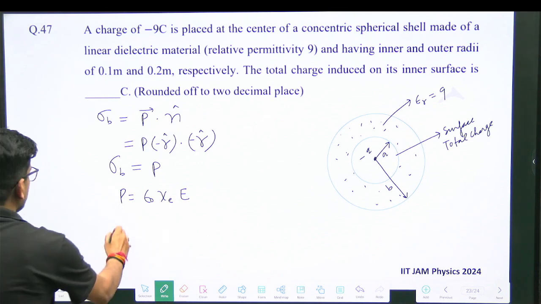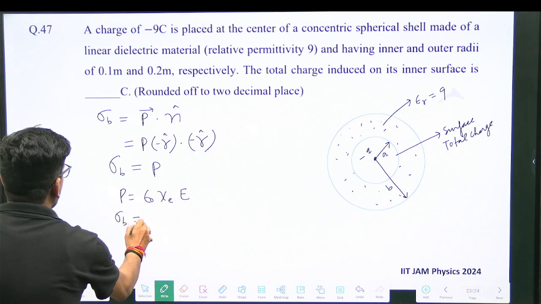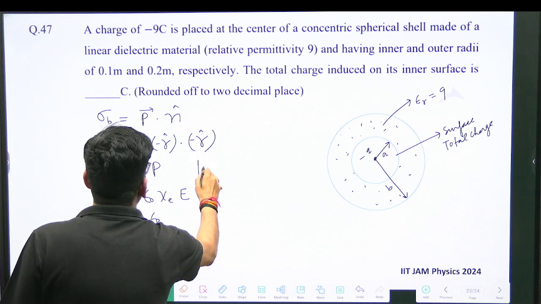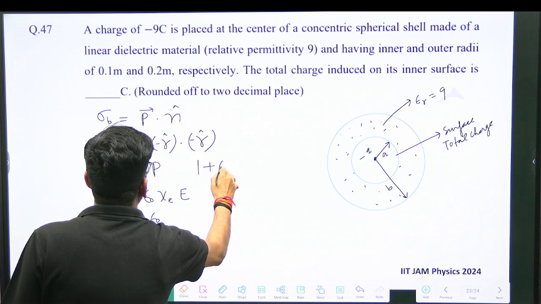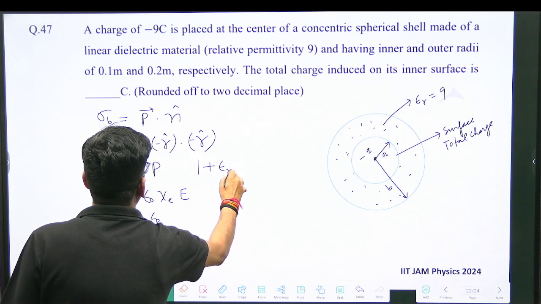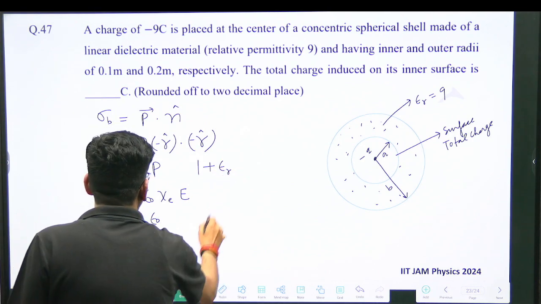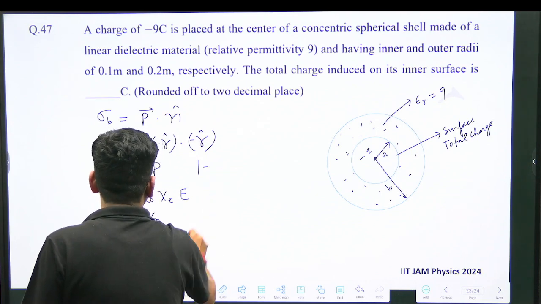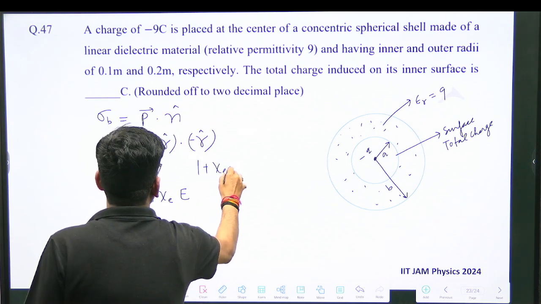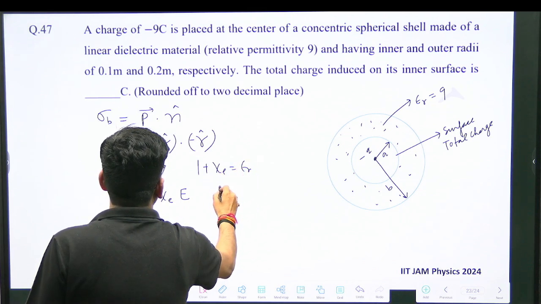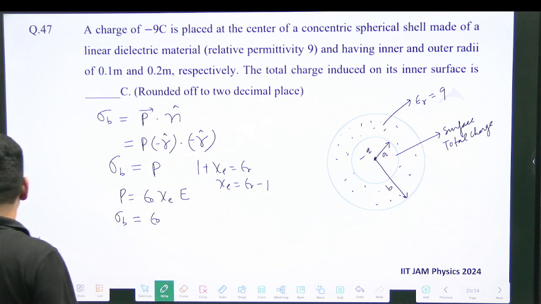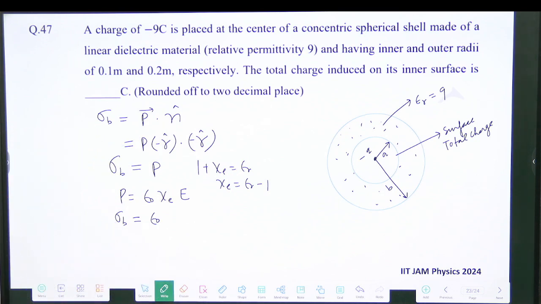And in this case, sigma B is equal to epsilon naught, and you remember 1 plus chi E is equal to epsilon R. So chi E is simply epsilon R minus 1, right?